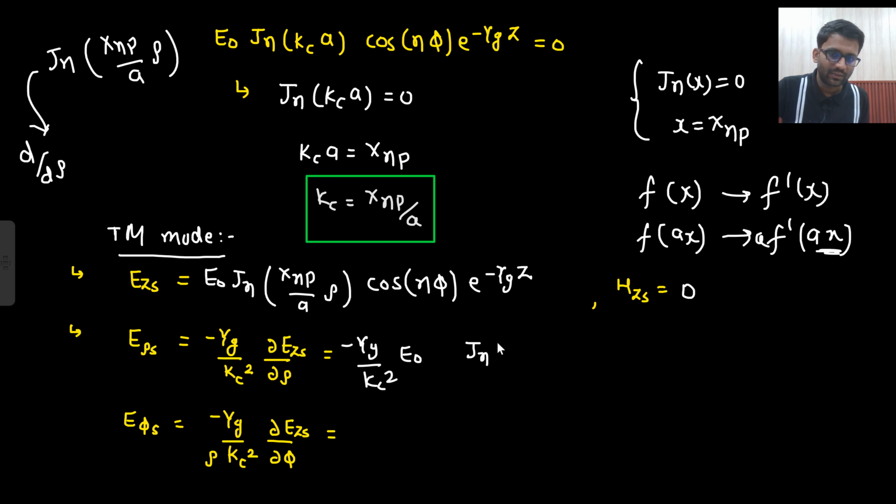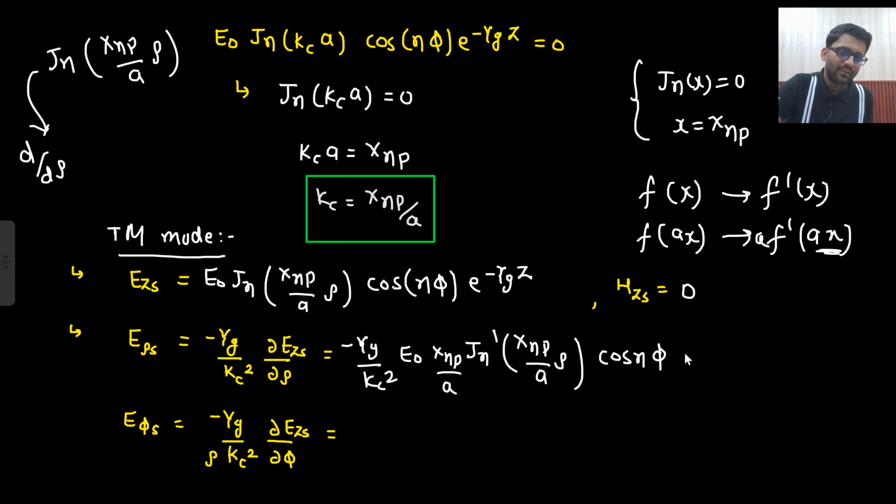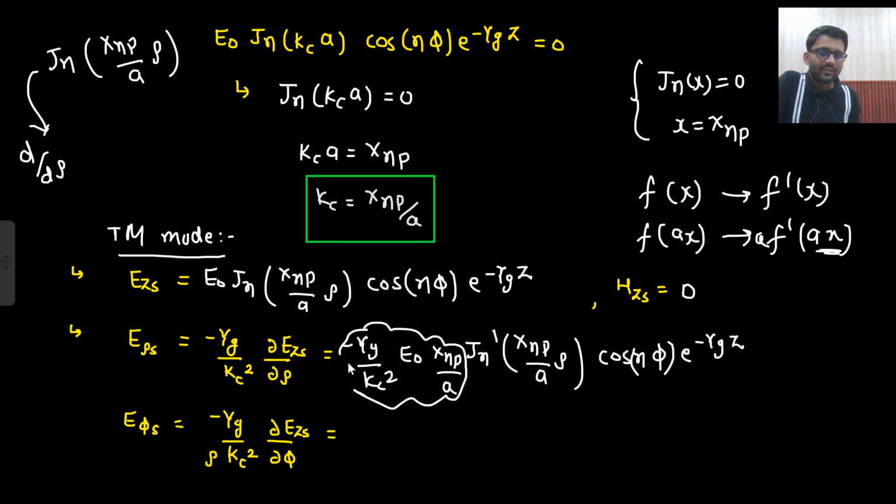Jn dash x n p by a into rho, but what will come outward? x n p by a. Are you getting this point? Cos n phi e to the power minus gamma g z. This is acting as a constant value only, which we don't care about. So here we can see that it is a function of Jn dash and cos n phi.